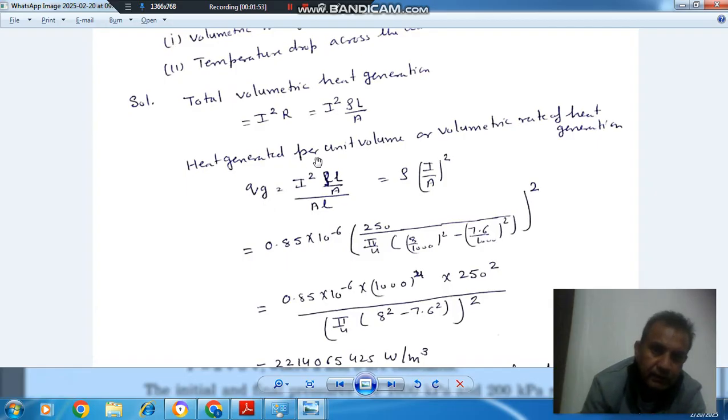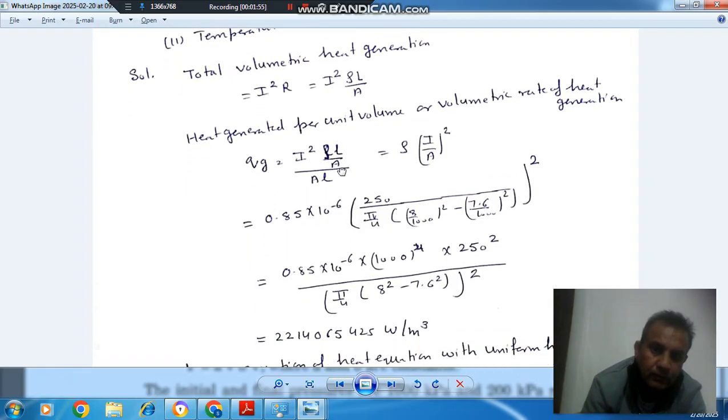Okay. So now we can put the values. The resistivity is given, that is 0.85 micro ohm meter, so that is 0.85 into 10 to the minus 6. I is 250 ampere and A is the area of this cylinder. As it is hollow, it is pi by 4 into 8 square minus 7.6 square in mm square.